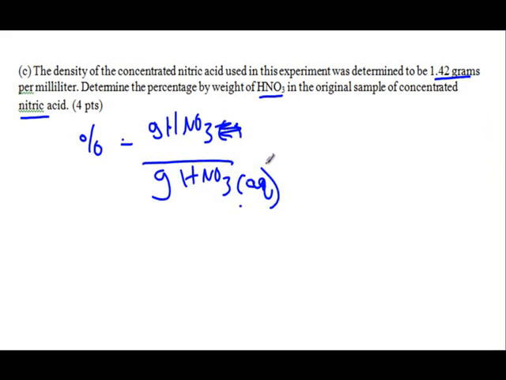Okay. So let's see, how can we find the grams of HNO3? If I go back to the previous problem, what I knew is I had 10 milliliters of HNO3, right? And I can use this density, right, what I know is there's 1,000 milliliters in 1 liter.